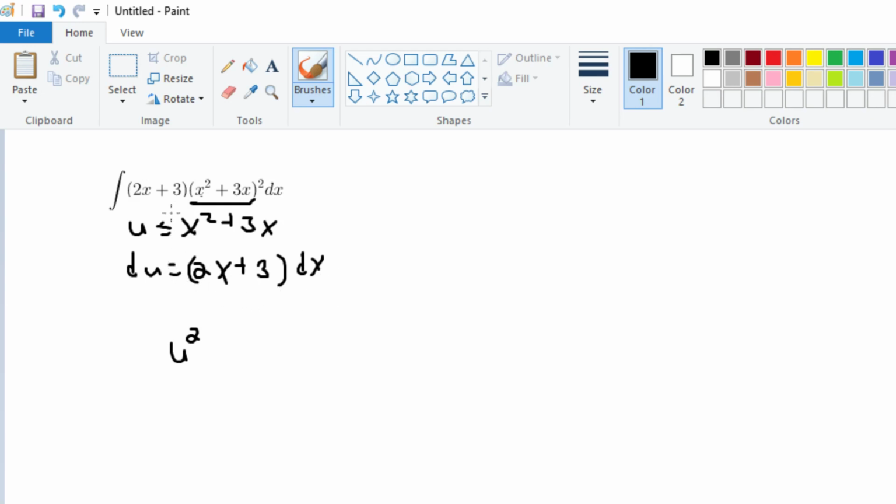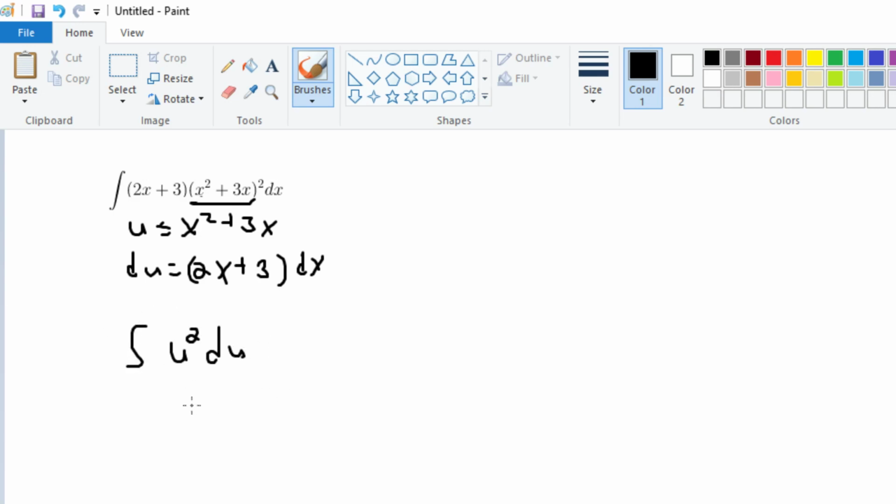But remember, everything is being multiplied, so you can rearrange it in any order you want, and it's still the same thing. So therefore, we took all of that right here, 2x plus 3 and then dx, and all of this stuff is du, so we have du. So this is what we're integrating.